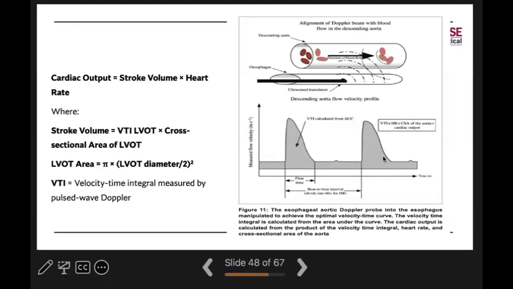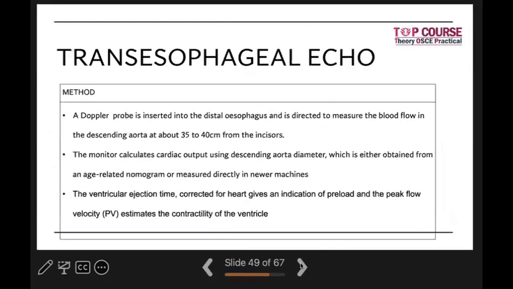So you can see that at the lower end of the esophagus, you're going to place the probe, and the ultrasonic waves are going to detect the blood flow across the descending aorta. And then it is going to give a velocity time integral curve, and the area under the curve gives us the value of the velocity time integral. And by normal echo imaging, we can easily get the left ventricular outflow tract cross-sectional area. Multiplying these two will give us stroke volume, and multiplying with the heart rate of the patient is going to give us cardiac output. Okay.